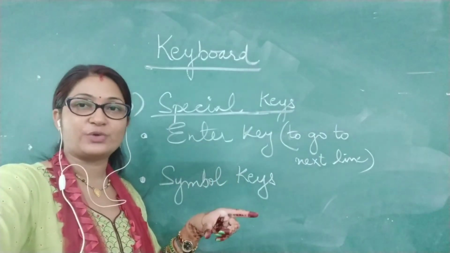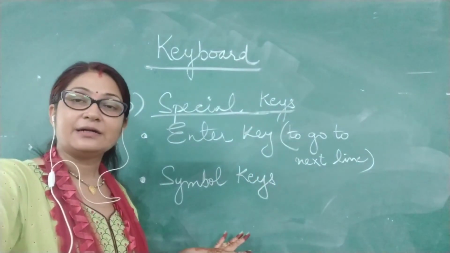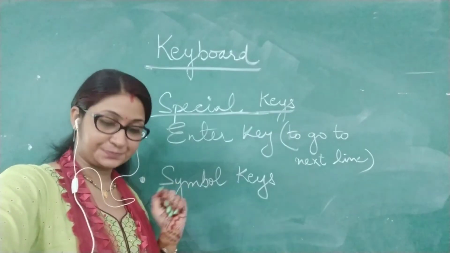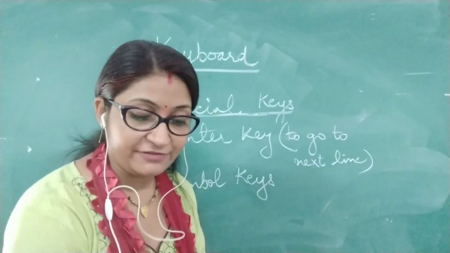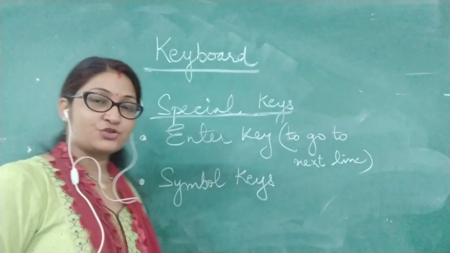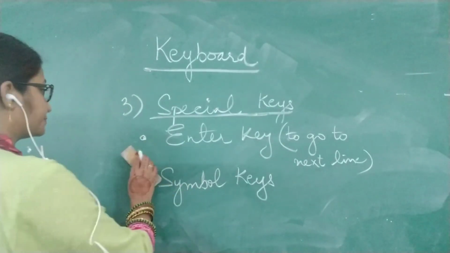Press both of the keys together, the shift key and the symbol key, and it will get typed on your screen. Now two or three more keys are left here, and then the keys will be over. So this is about the symbol keys. Let's see the next one.